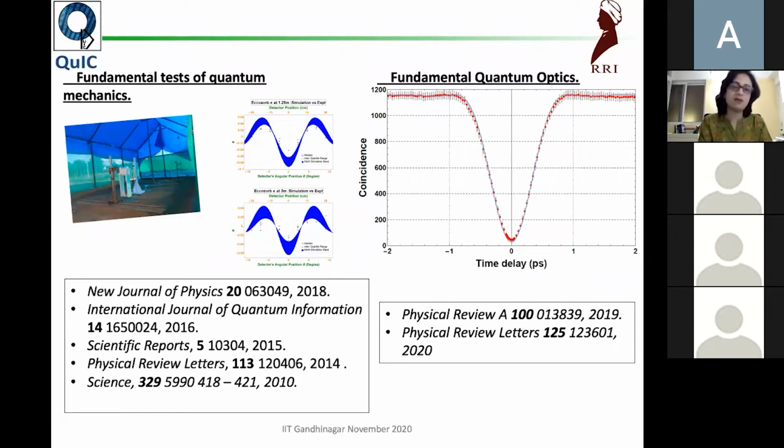We work on fundamental tests of quantum mechanics itself. On the left, you see our body of work on the superposition principle and on the Born rule for probabilities, which I will discuss in greater detail. On the right, you see our experiment on the Hong-Ou-Mandel effect in quantum optics. Again, I will discuss that. Similarly, for the experiment below on our quantum state estimation problem.